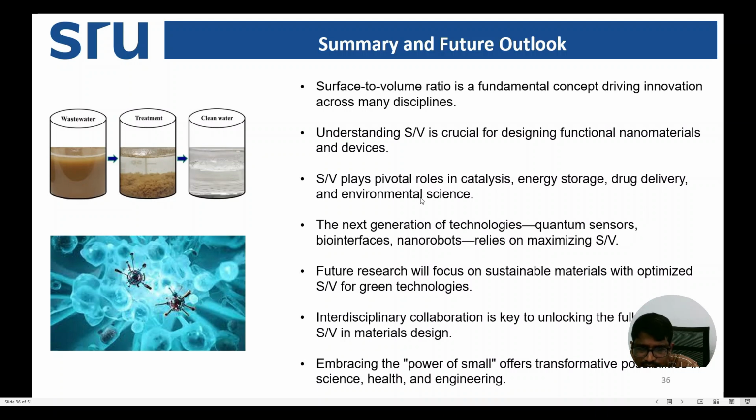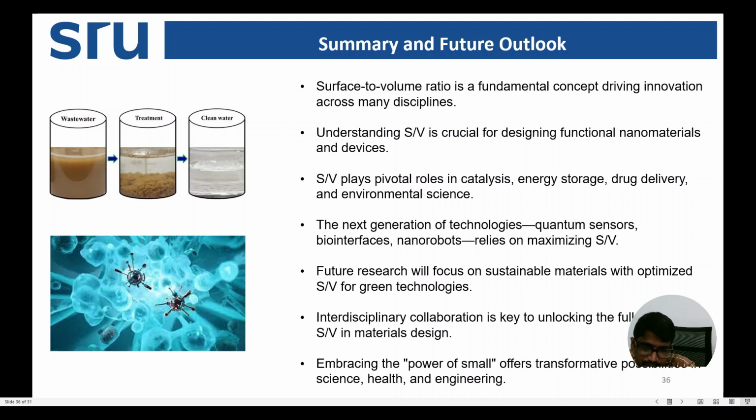So this is about surface to volume ratio. In the next class we will discuss quantum confinement and optical properties. How the band gap changes for macro-sized materials and nanomaterials. How quantum confinement plays a role in deciding the properties of nanomaterials and how it influences the optical properties.